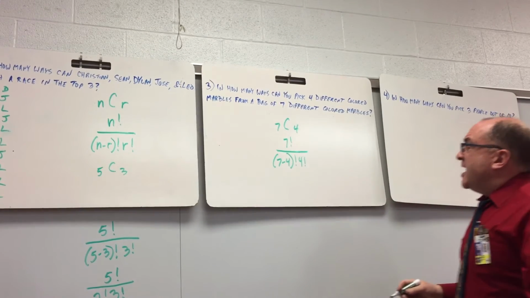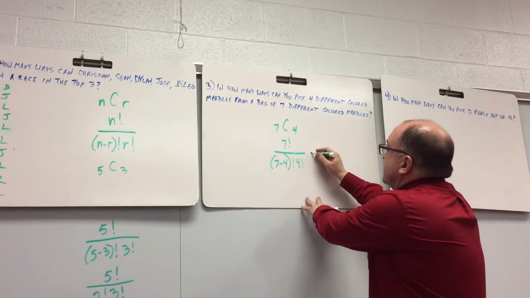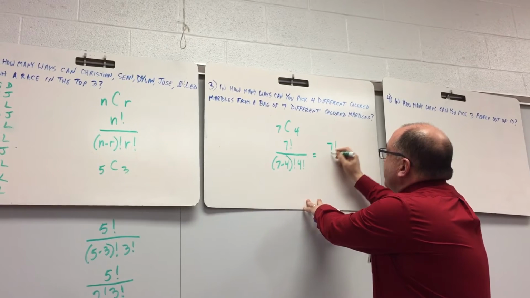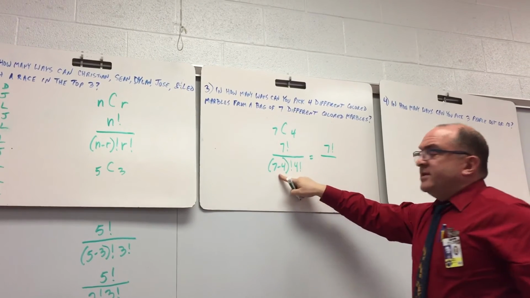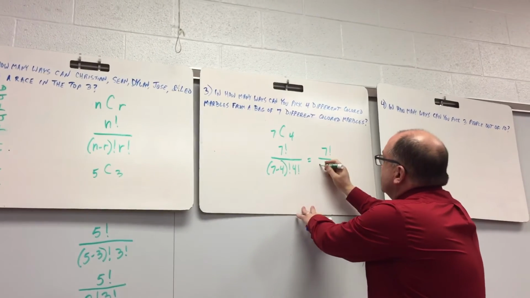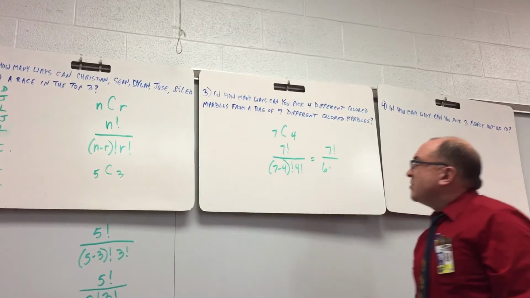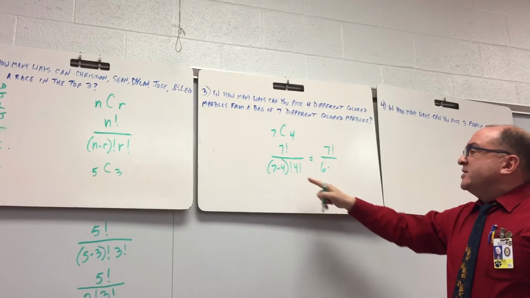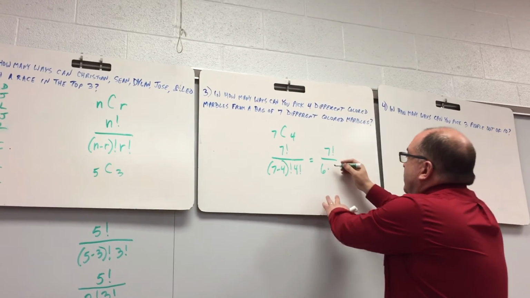Okay. Once again, I would recommend doing the bottom first. 7 minus 4 is 3. 3 factorial is going to be 6. 4 factorial is going to be 24.